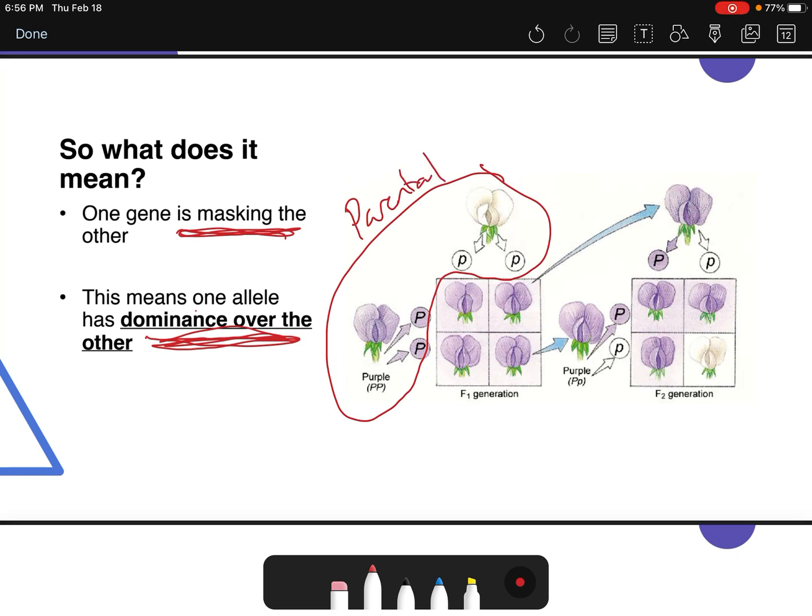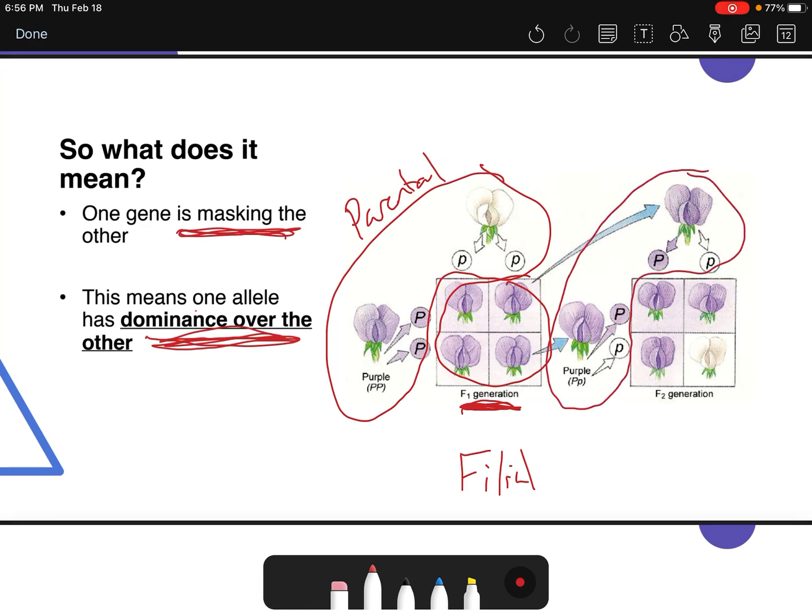For all of these that are in the cross itself, in the Punnett square, this is going to be the F1 generation. The F in F1 stands for filial. And then from there, we self-crossed those plants. And this would just be the F1 generation again. And then the F2.